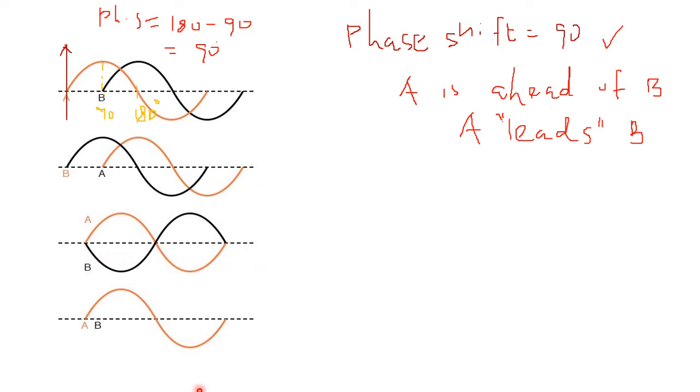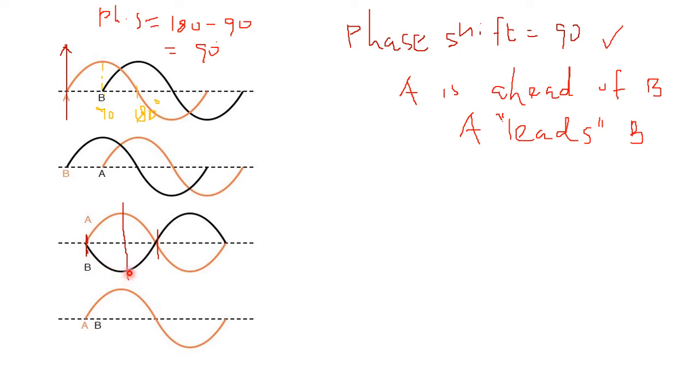But here the phase shift is different. Both have the same zero instant. Both reach the same maximum value. Both reach the same zero instant again. Here A reaches its maximum value at this point and comes to zero, but this is a minimum point, not a maximum point.